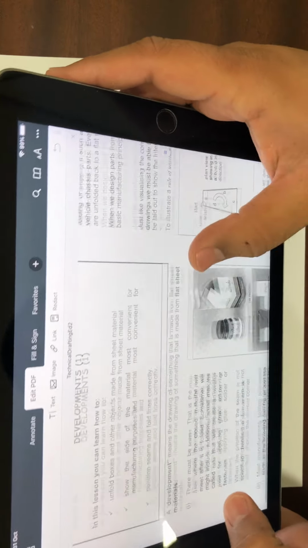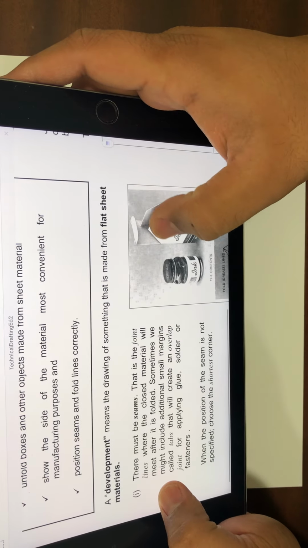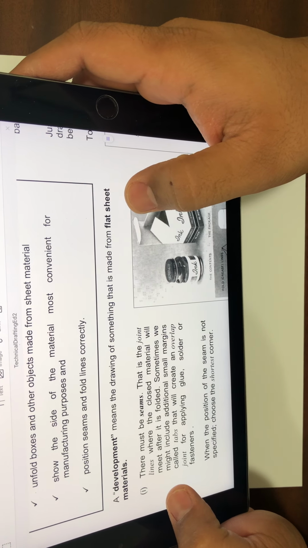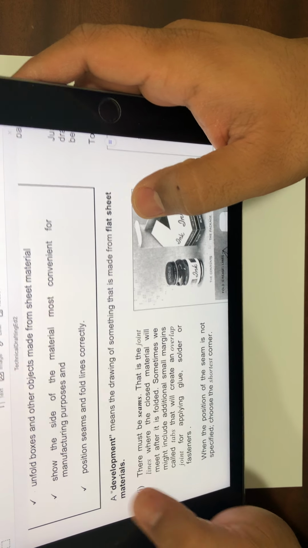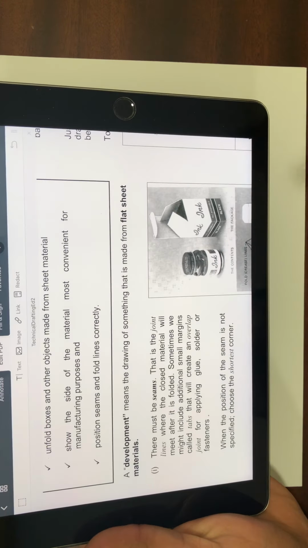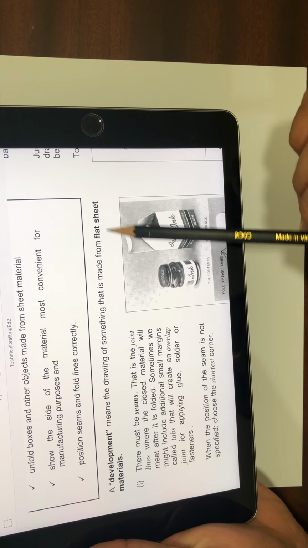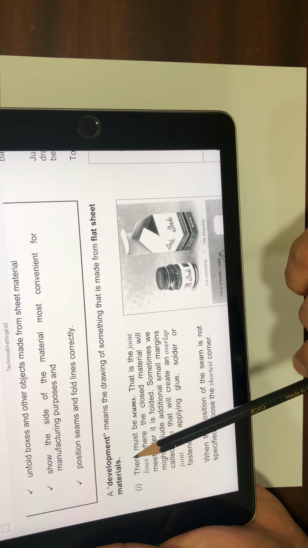Developments. A development means the drawing of something that is made from a flat sheet material.